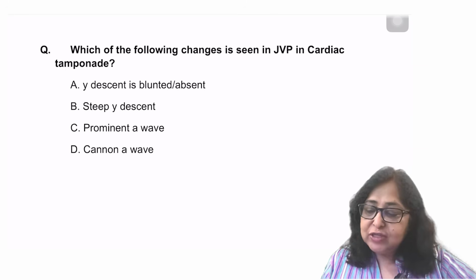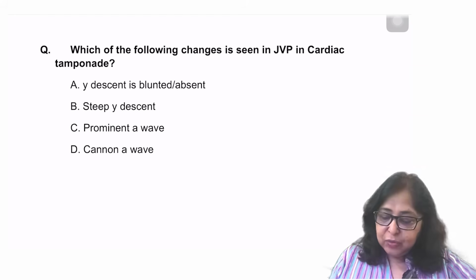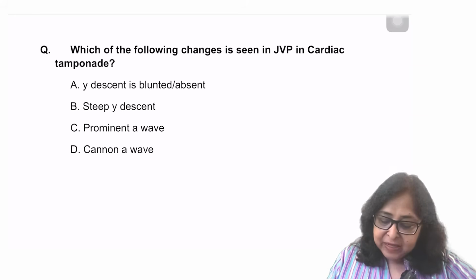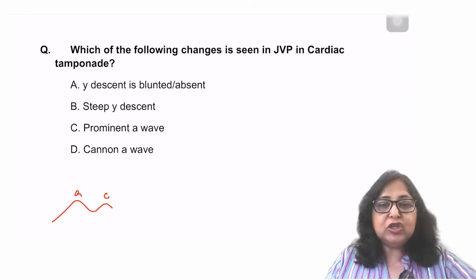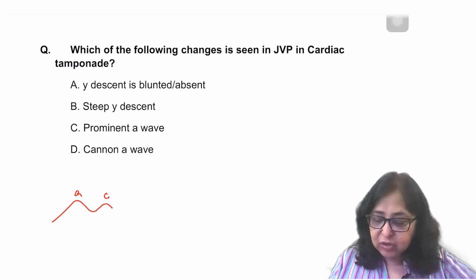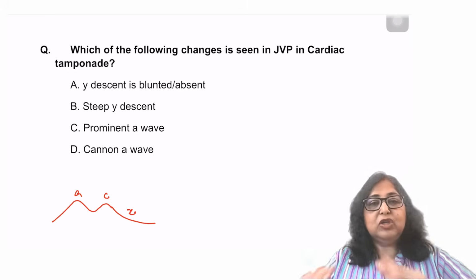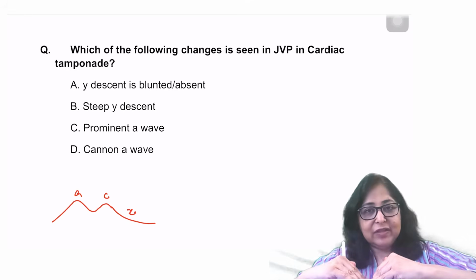Which of the following changes in JVP are seen in cardiac tamponade? You know, in JVP, you have A wave due to atrial contraction, C wave due to bulging of the closed tricuspid valve in the right atrium during isovolumetric contraction phase. Then there is the X descent, which is because the closed tricuspid valve is pulled downwards during the phase of ejection.